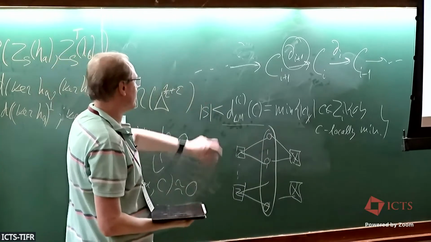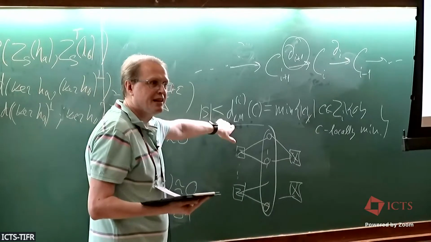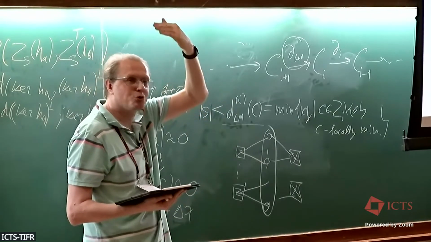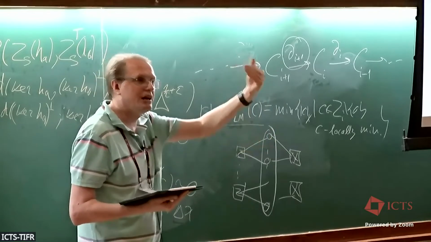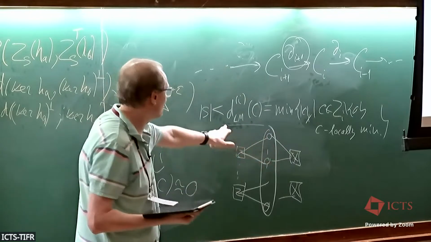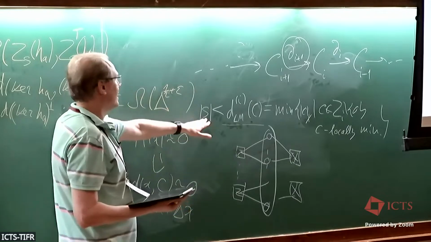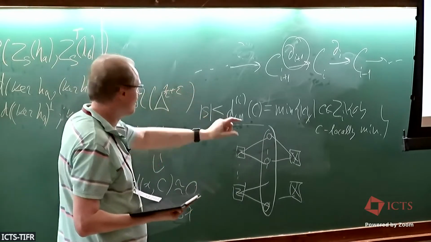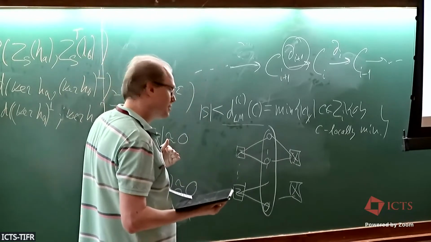If we start with a syndrome whose weight is smaller than this locally minimum distance, then this chain should be reduced to 0, because otherwise we would have a locally minimum chain, a locally minimum code word, with smaller weight than this. It means that if we start with a syndrome that is small enough, smaller than this value, then we can reduce it.